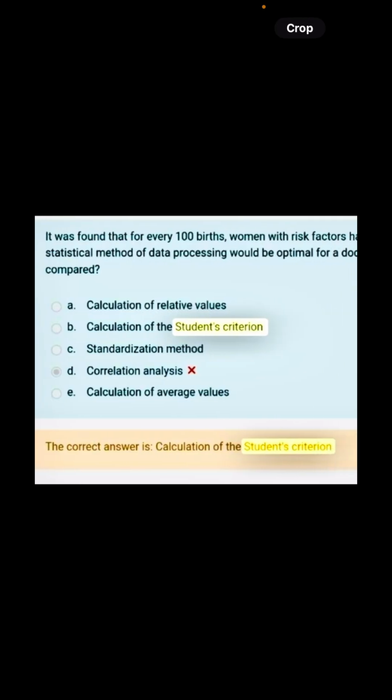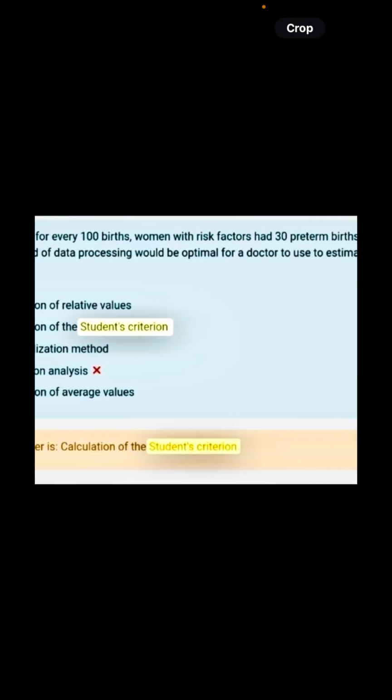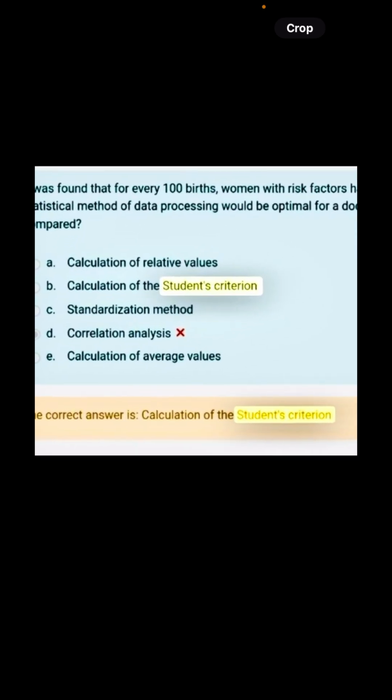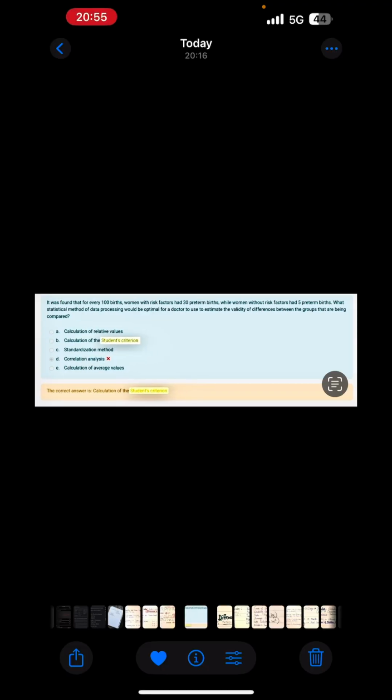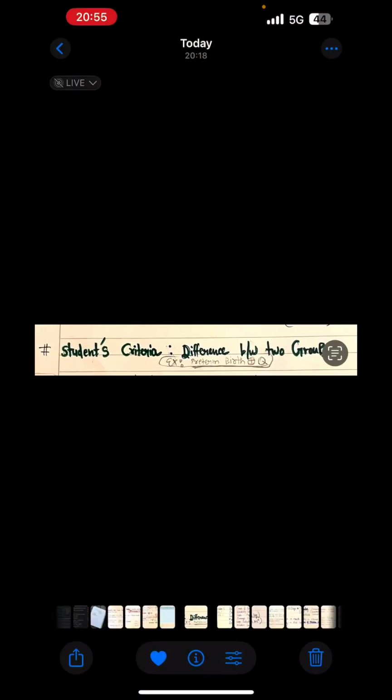What statistical method of data processing would be optimal for the doctor to use to estimate the validity of the difference between the groups? It's directly asking about the difference between the groups, so it's simply the calculation of the student's criterion, or the student's t-test, we can say.